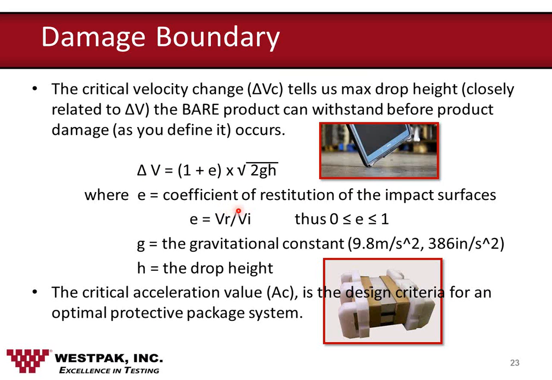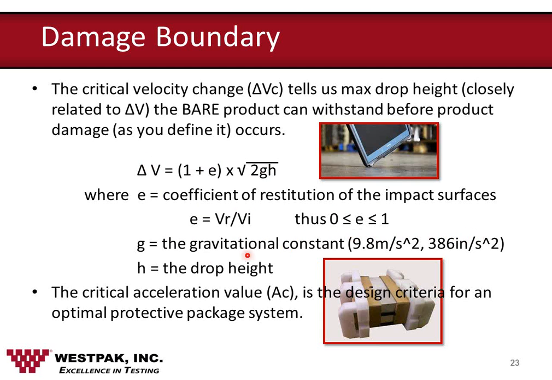We know that all surfaces produce an E value of greater than 0 and less than 1. So we can use a medium value of 0.5, for example, to estimate the drop height that's going to occur with a given experimentally determined velocity change. And again, the gravitational constant is exactly that, a constant: 386 inches per second squared, or 9.8 meters per second squared.